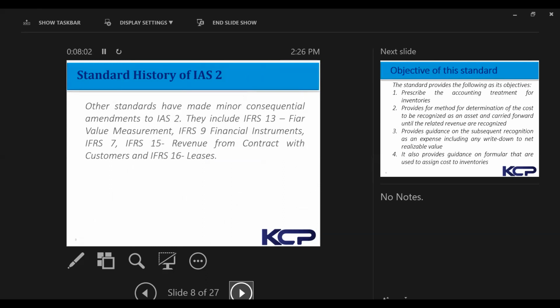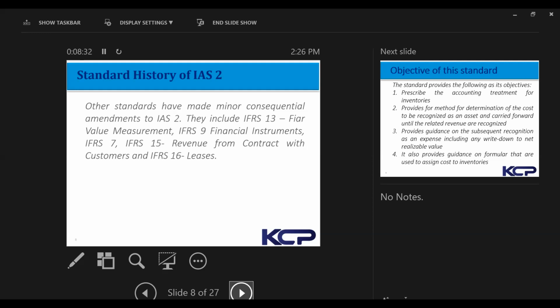Other standards have made minor consequential amendments to IAS 2. They include IFRS 13. So IFRS 13, sorry, I wanted to indicate fair value. When we use the word fair, what does it actually mean?